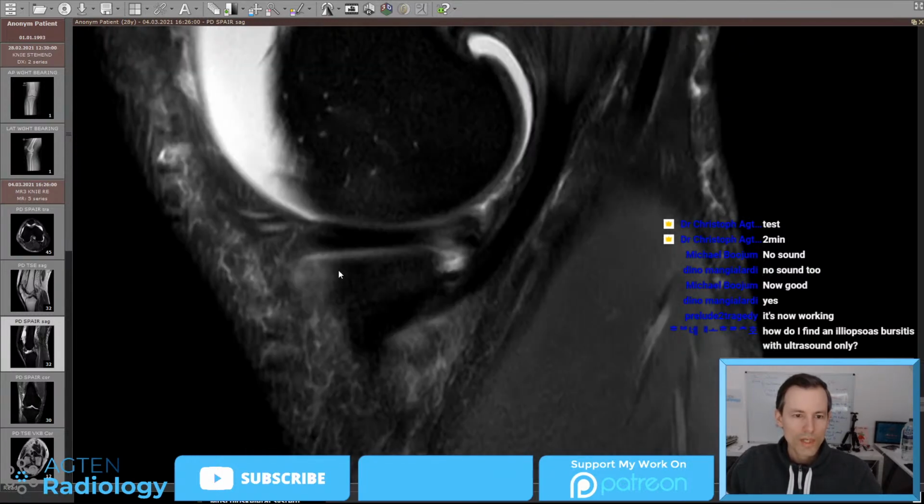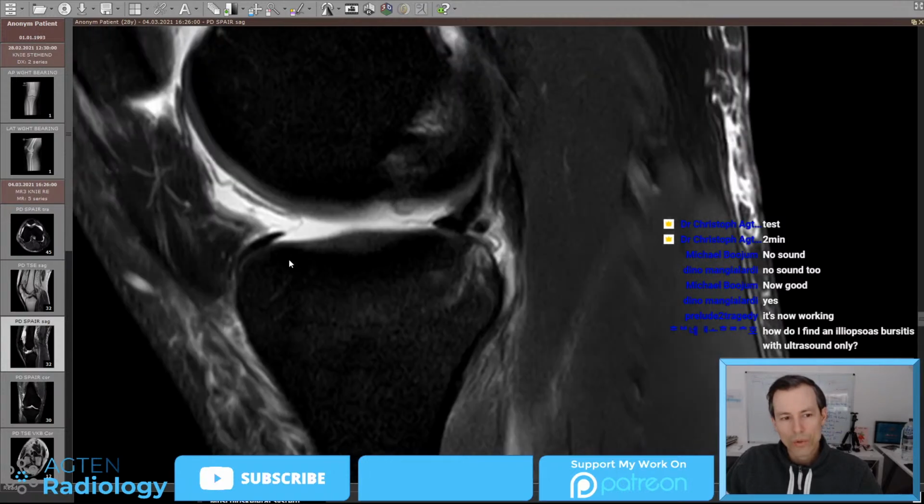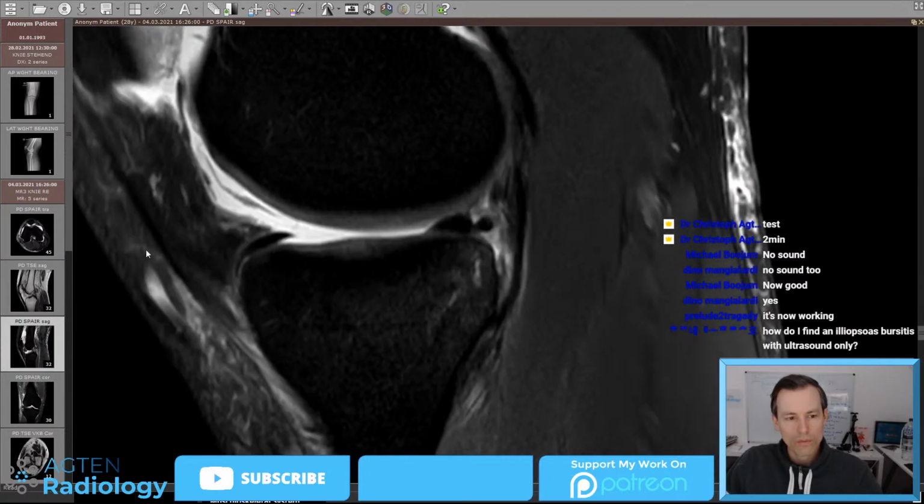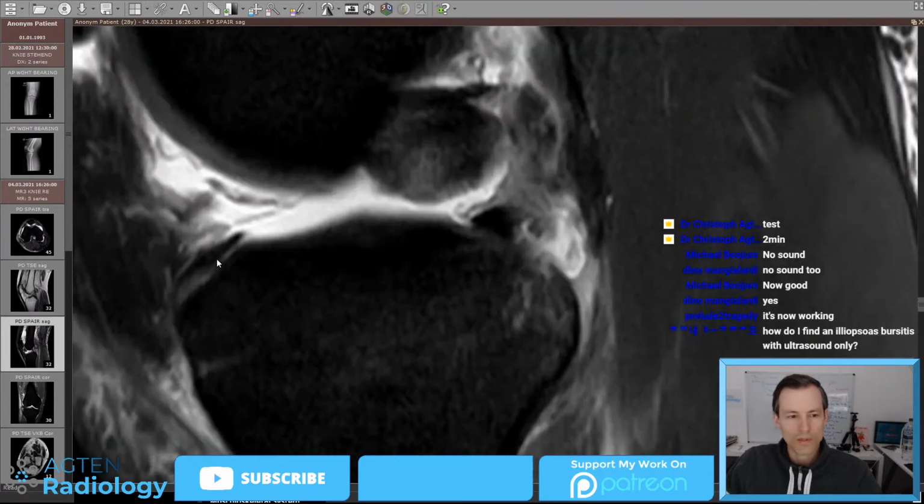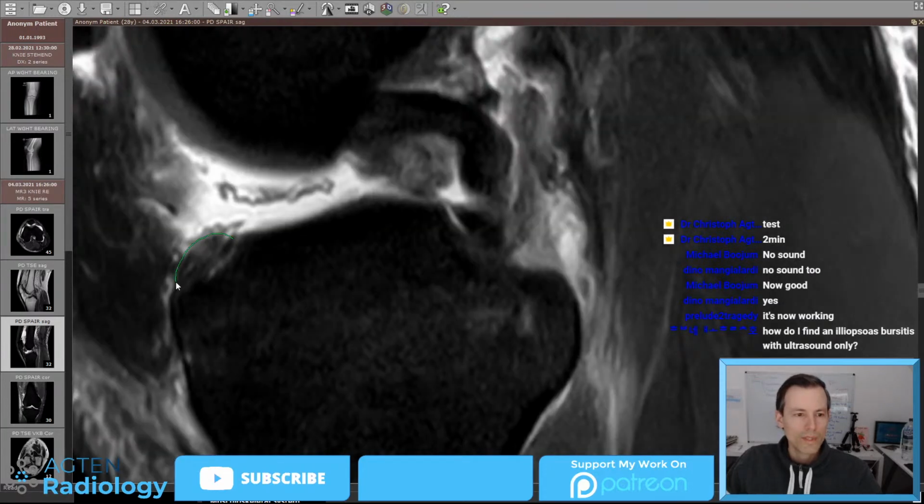Now, initially I said something also about the anterior horn, and if you scroll all the way to the anterior portion, we can see a little bit of high signal here. So this is not how it normally looks, so it's a little bit swollen, potentially also partially torn or at least injured.